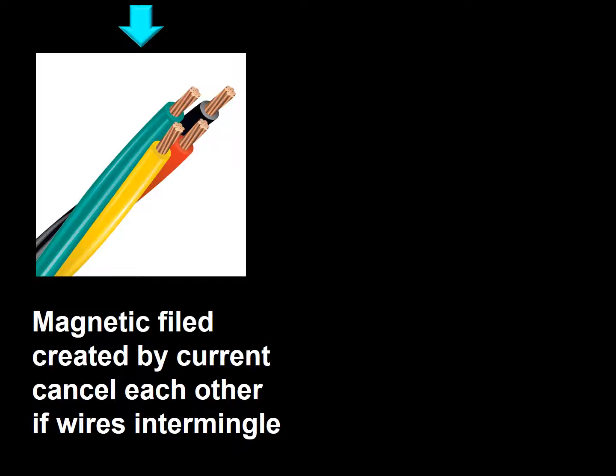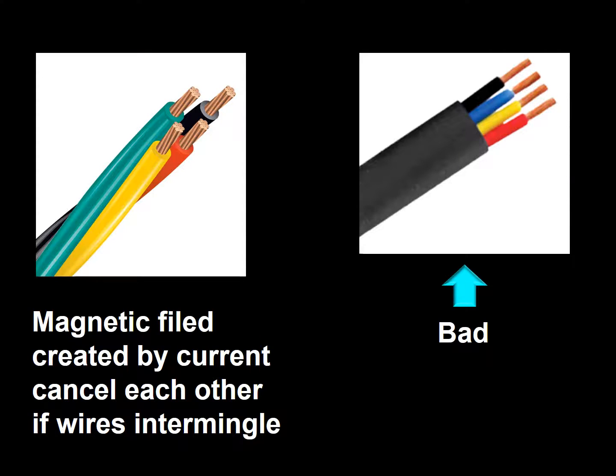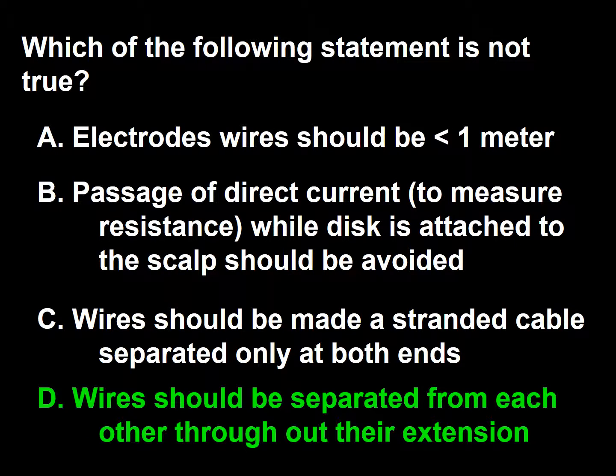Thus, stranded electrodes are better than electrodes that run in the same direction and are not wound around each other. So the answer is D. All the other options are true. Take a second to read them over, please.